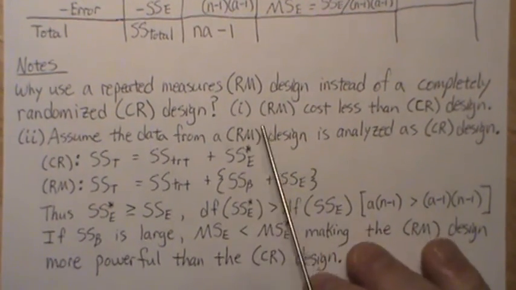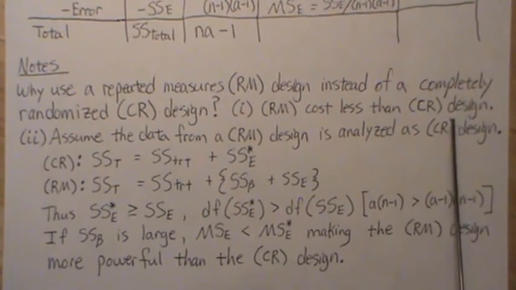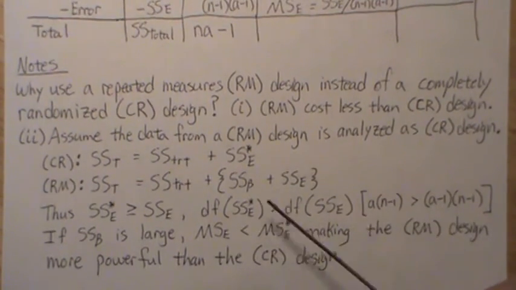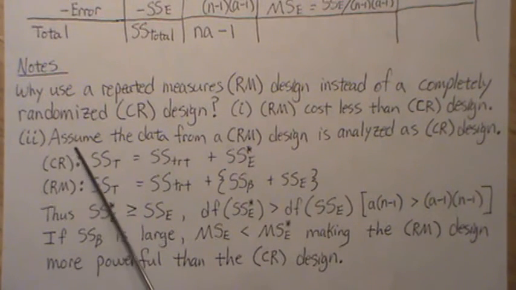So the number one reason is that the repeated measures usually costs way less than a completely randomized design, right? You only need n subjects, and then you administer all a treatments to each of the n subjects. So it's fewer observations.